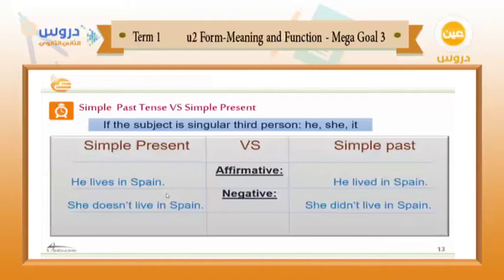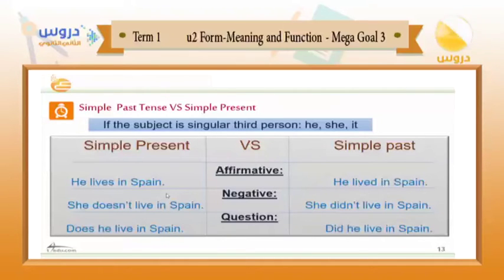While in the past, she didn't live in Spain. In question, we say, does he live in Spain? And in the simple past, we say, did he live in Spain? So, in the simple past, there is no change. Verbs don't change. But with simple present, we add s or es.